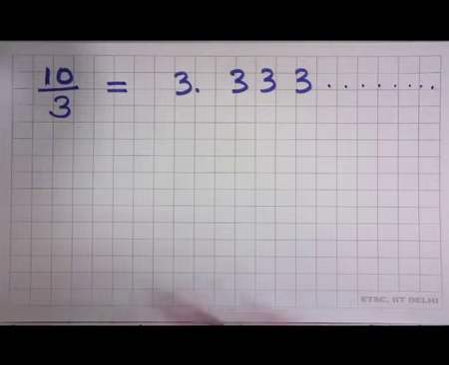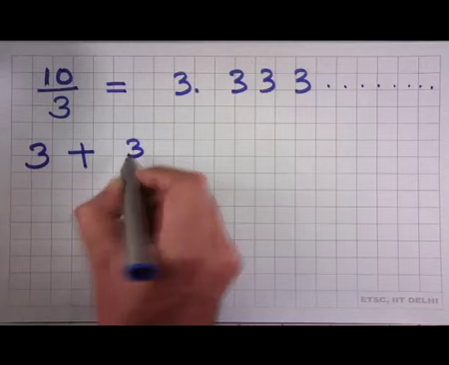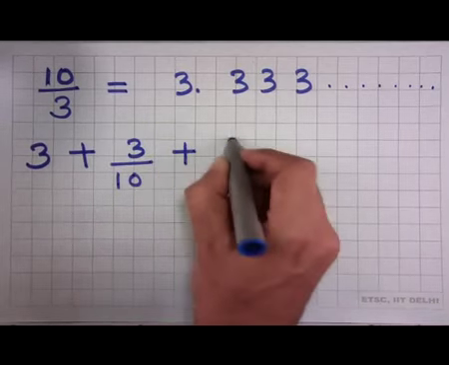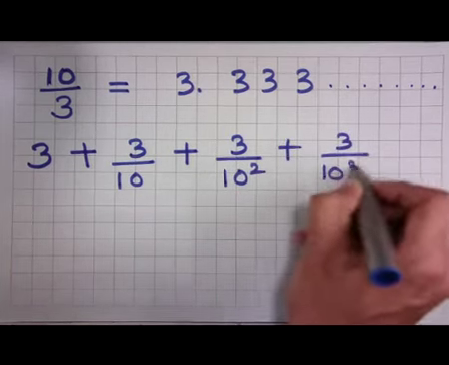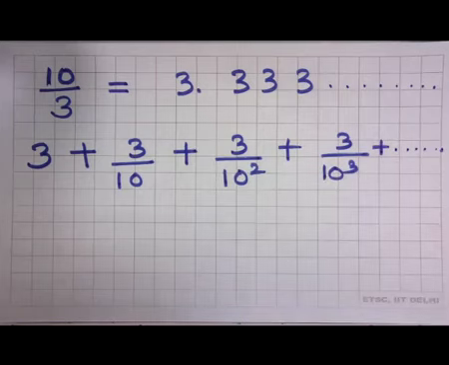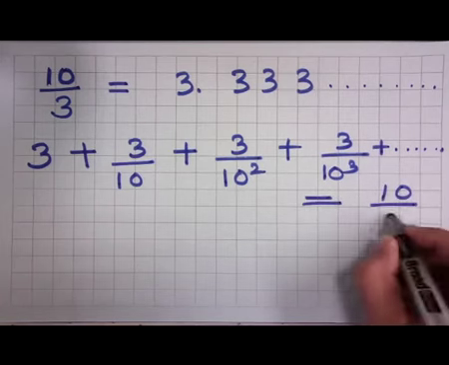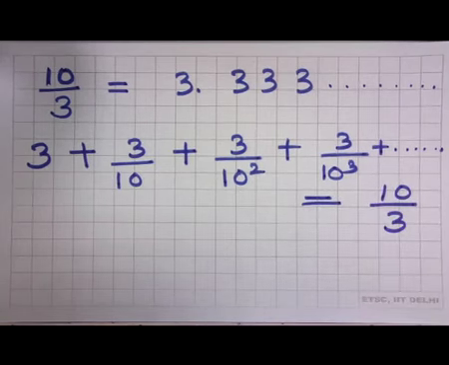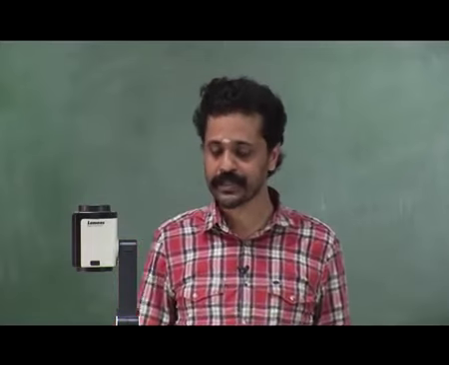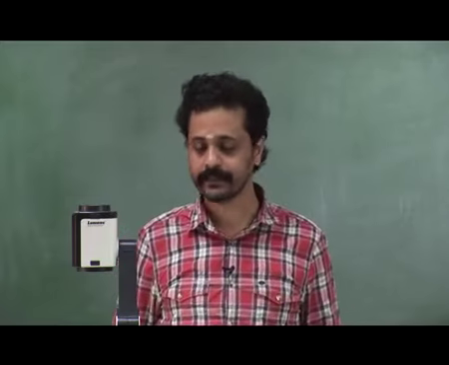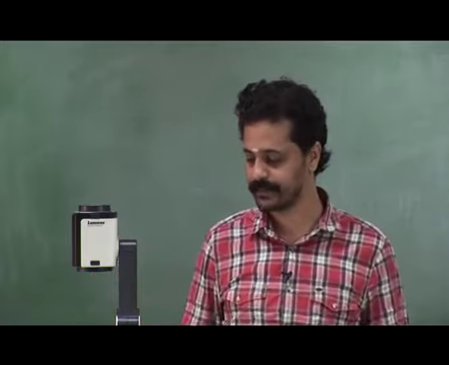We mean to say that 3 plus 3 by 10 plus 3 by 10 square plus 3 by 10 cube plus etc. is equal to 10 by 3. This is what we mean. Knowingly or unknowingly, in decimal expansion, we deal with sum of infinite number of real numbers.